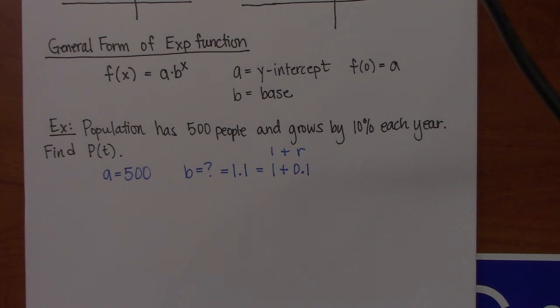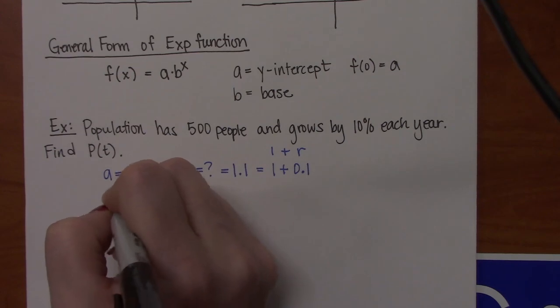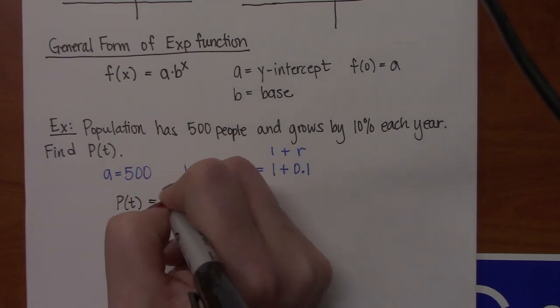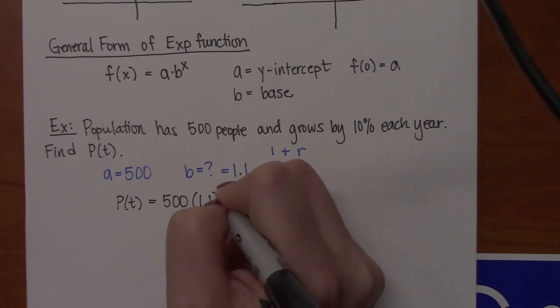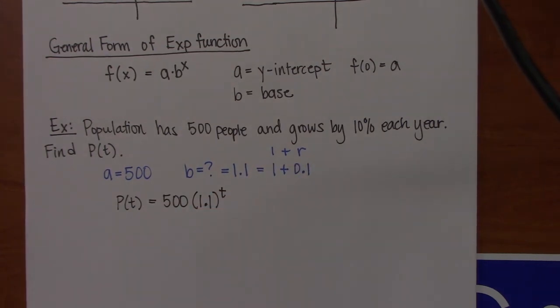But exponential growth lets you keep growing based on what you already had. So the 1 keeps what you had the previous year, and the 10% is going to take 10% of that new amount. So P of t is 500 times 1.1 to the t.